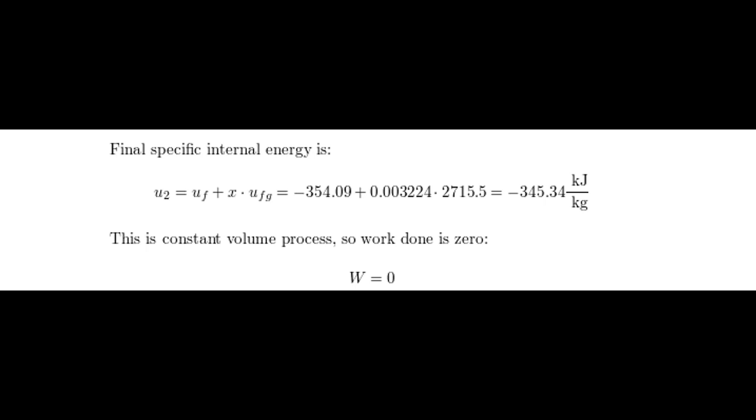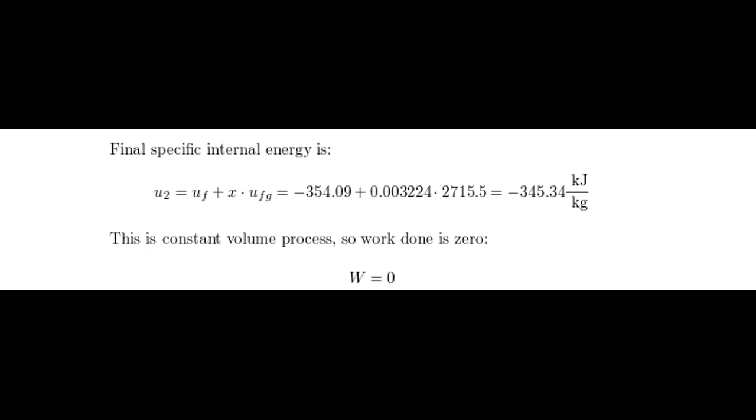Now that we have the quality factor, let's proceed in finding the final specific internal energy. The formula is U sub 2 is equal to U sub f plus x times U sub fg, and this equals to negative 354.09 plus 0.003224 times 2715.5.